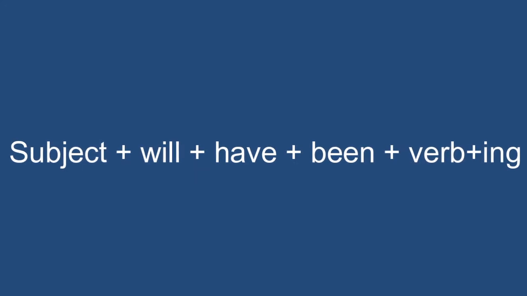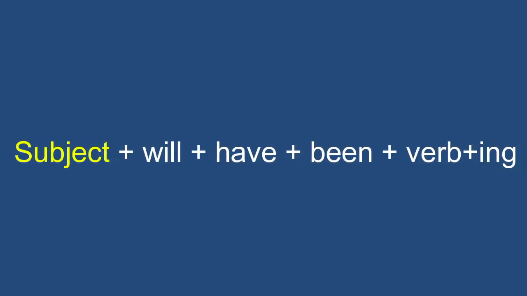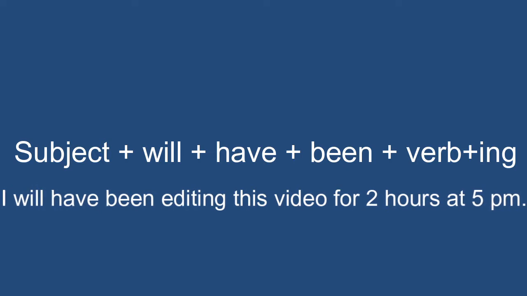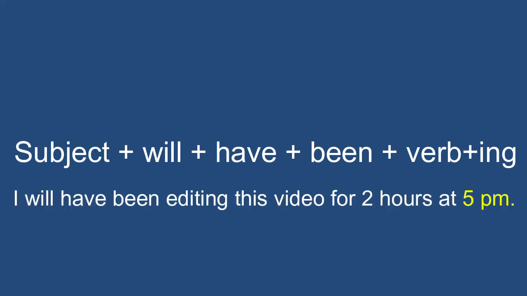So, future perfect continuous is made by using the subject plus will plus have plus been plus verb ing. Example: I will have been editing this video for 2 hours at 5 p.m. Notice that 5 p.m. is the end time.